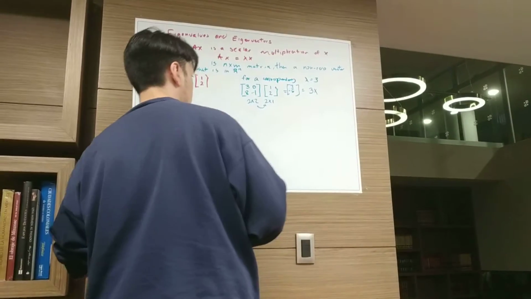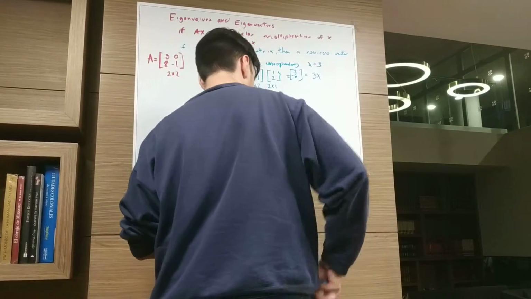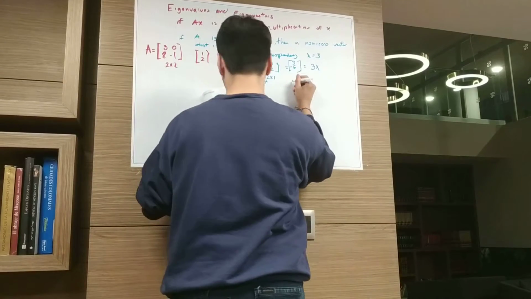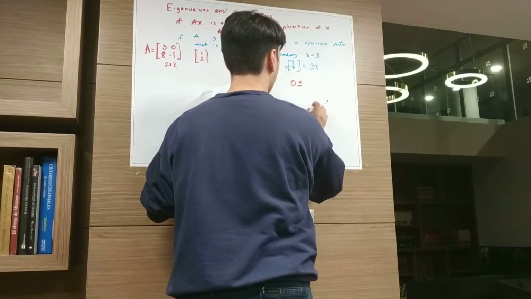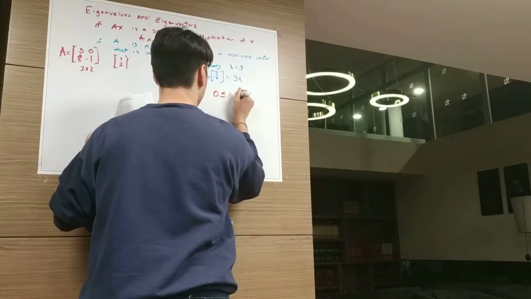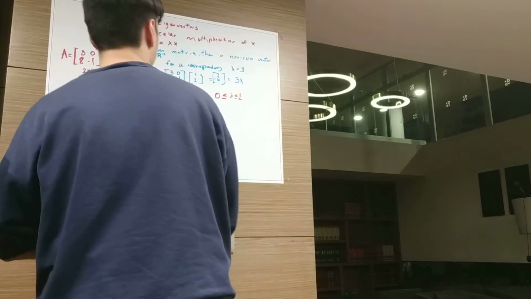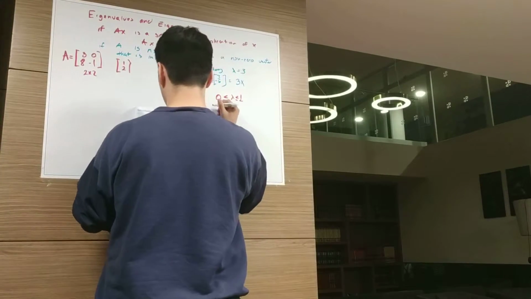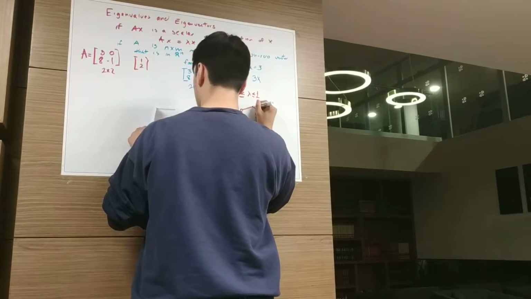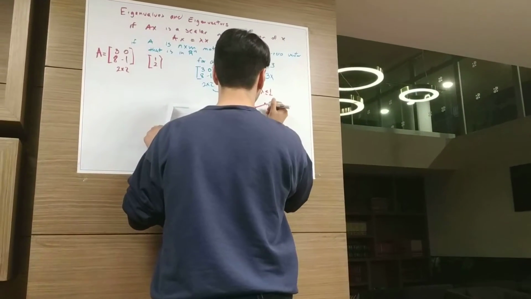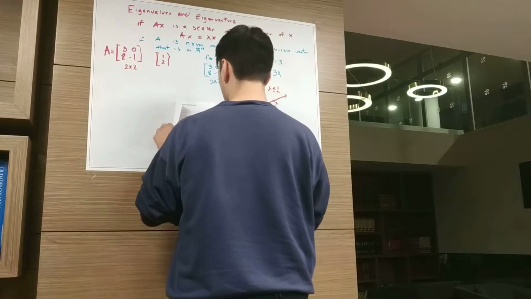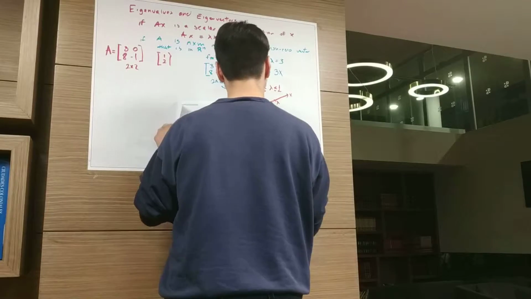For example, let me draw this because it's difficult to explain. If lambda is between the values 0 and 1, we're going to see something like this in the vector. This is the starting point. This is lambda x, for example, could be at the middle, at the edge, doesn't matter. And this is x.